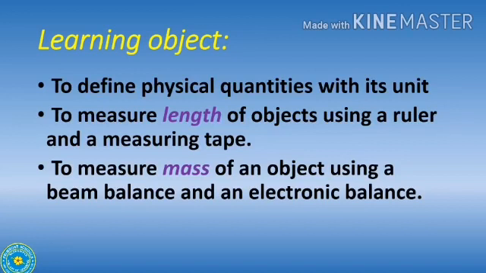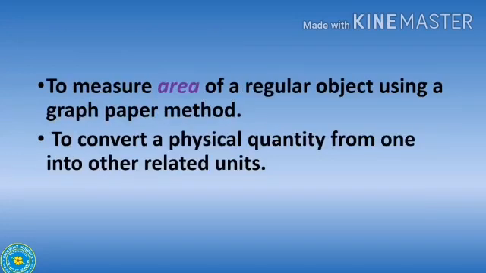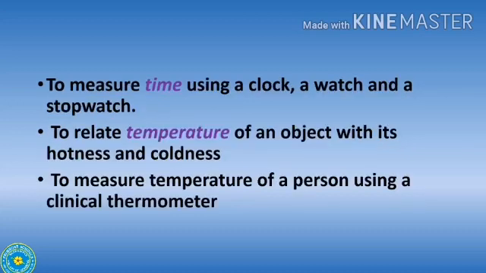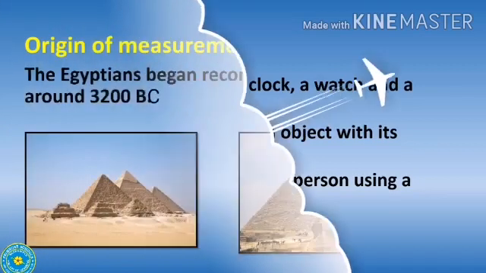In this lesson, you will learn to define physical quantities with their units, to measure length of objects using a ruler and a measuring tape, to measure mass of an object using a beam balance and an electronic balance, to measure area of a regular object using a graph paper method, to convert a physical quantity from one unit into another related unit, to measure time using a clock, a watch and a stopwatch, to relate temperature of an object with its hotness and coldness, and to measure temperature of a person using a clinical thermometer.